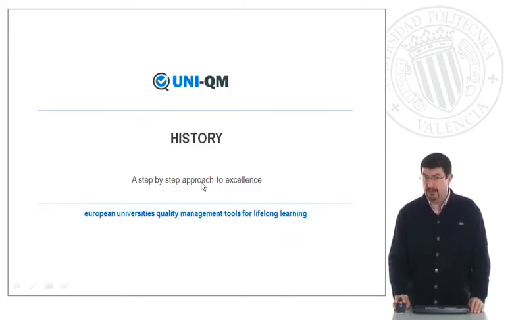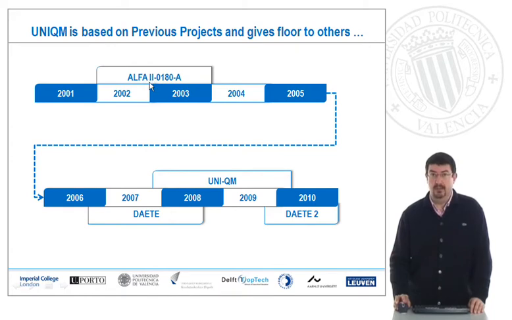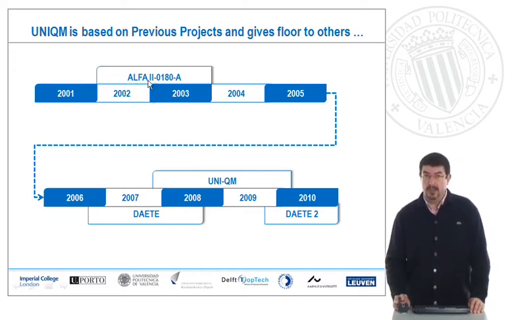This project has a previous history. It's not isolated in the history of the projects. We began with a project based on funds coming from the Alpha program. Under this project, we developed the first matrix for self-assessment we did with different universities. You will see later.